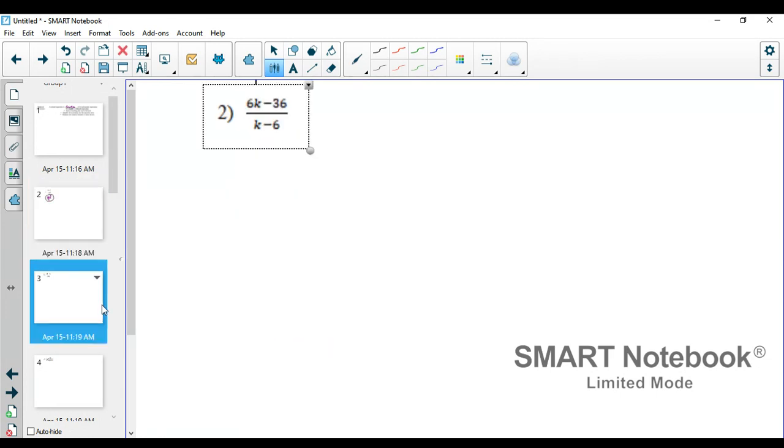So for number 2, we have 6k minus 36 over k minus 6. So we're going to factor a common factor out of this numerator. So 6 and 36 have a common factor of 6. So 6 goes on the outside of the set of parentheses.